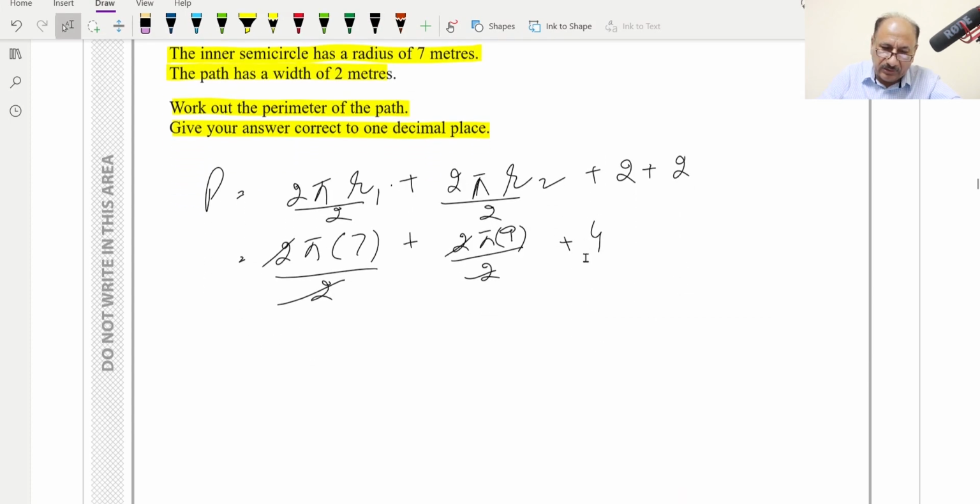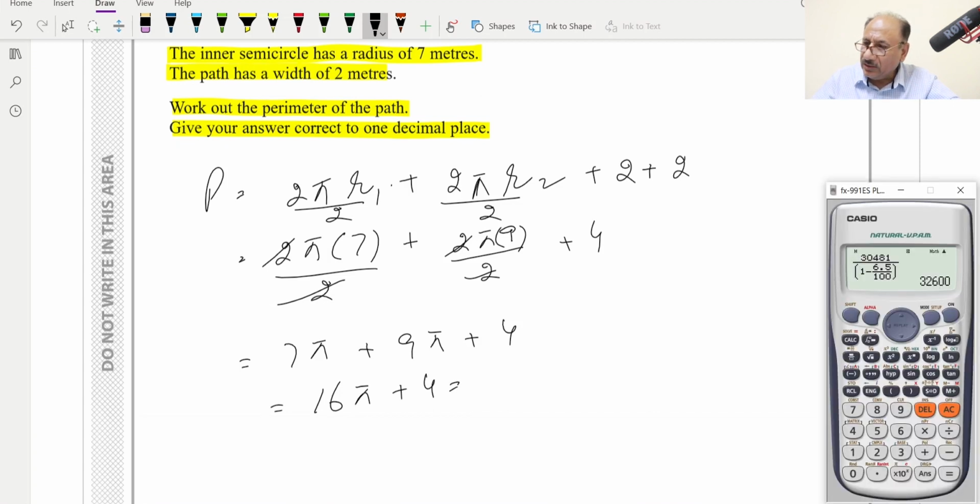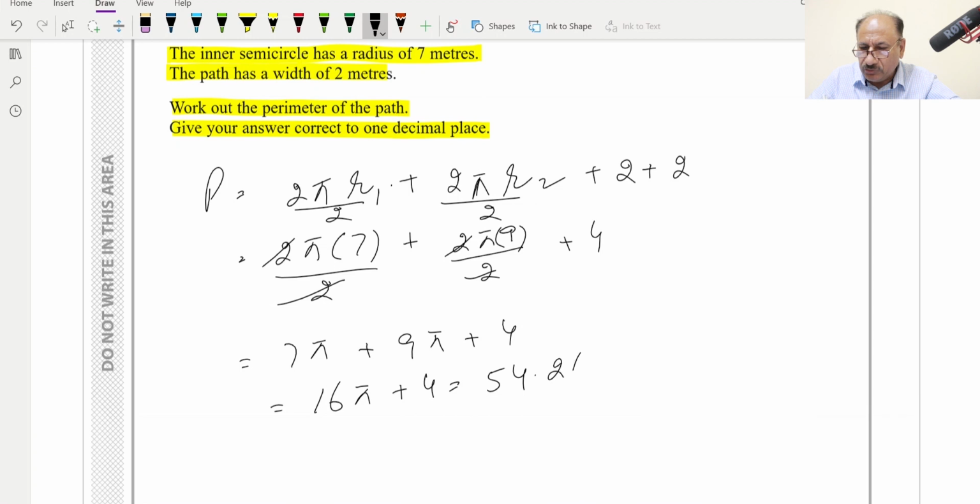Hopefully you are understanding the calculations. 7 pi plus 9 pi plus 4, which is equal to 16 pi plus 4, and we can write in decimal 16 pi plus 4 is equal to 54.265.